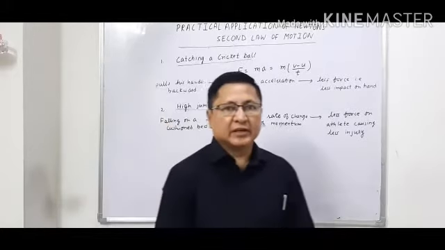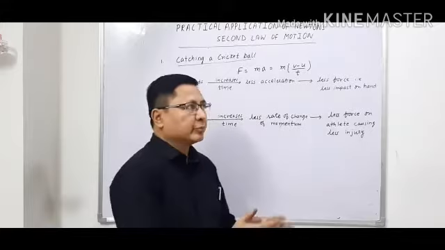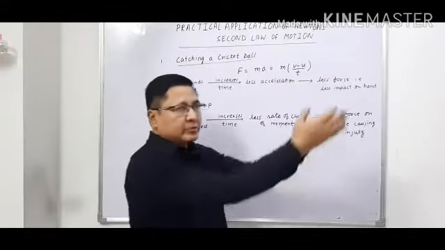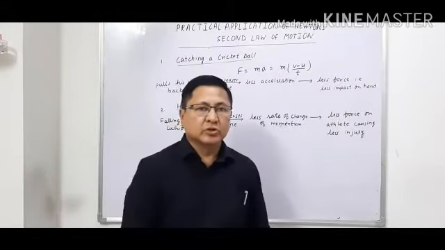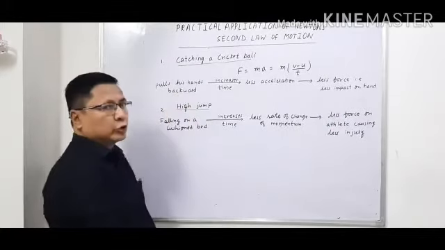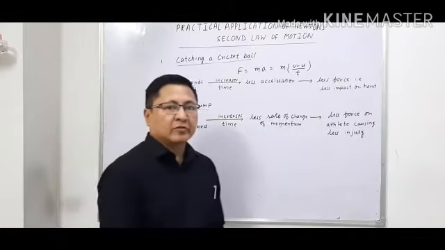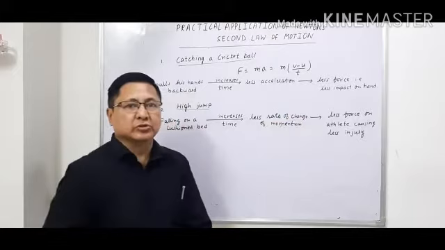You might have seen that when a cricket player catches the ball, he pulls his hand backward. Now why is he doing so? He pulls his hands backward to increase the time of reducing the high velocity of the ball to 0.